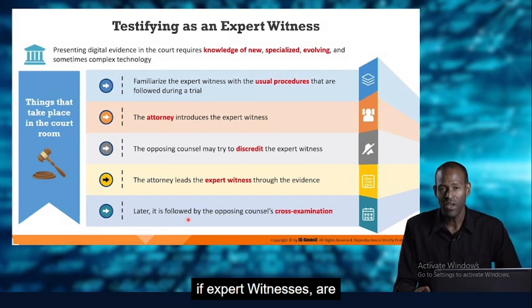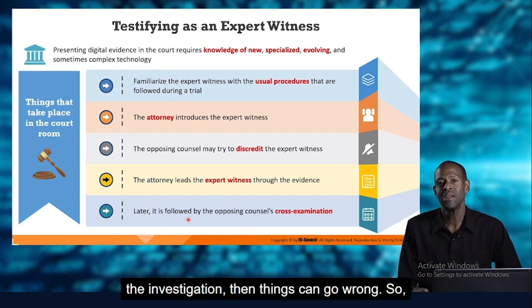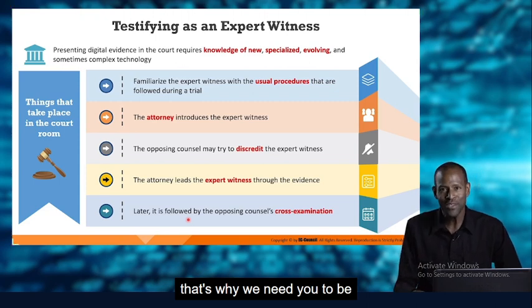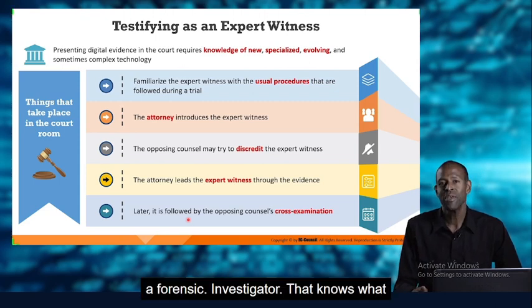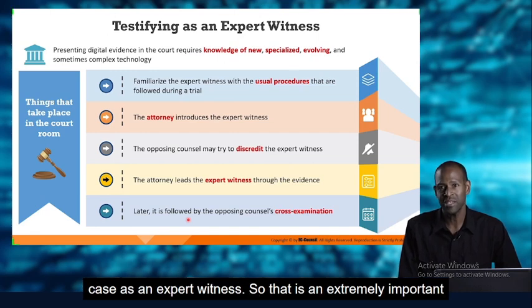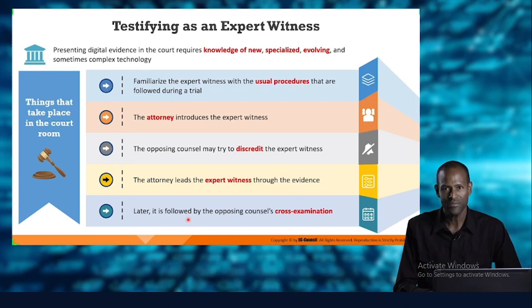So if expert witnesses are not actually experts in the field of the jurisprudence of the investigation, then things can go wrong. So that's why we need you to be a forensic investigator that knows what you are doing, and you can help out in the case as an expert witness. So that is an extremely important part of the forensic investigation process.